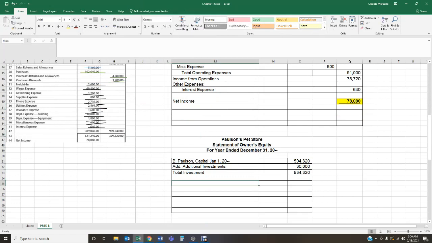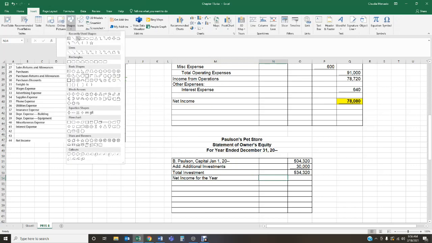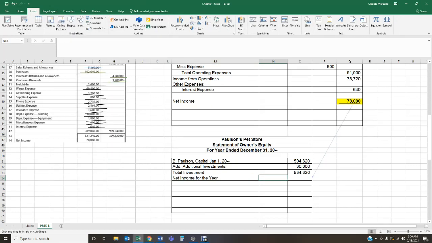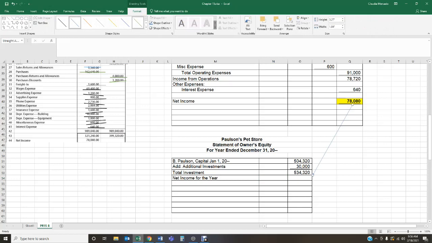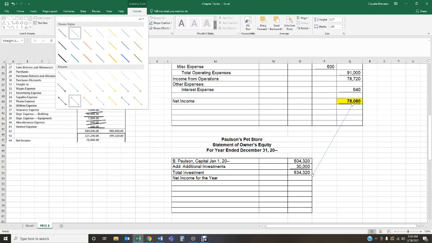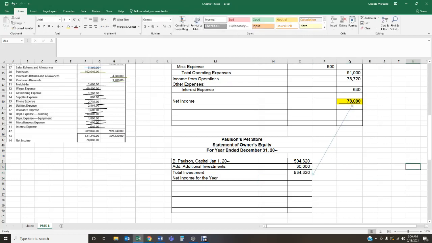Now we can bring in our net income for the year. And where am I going to get that number? We're going to get that number from our income statement. Okay, so we're going to get that number and we're going to plug it in over here. Okay.